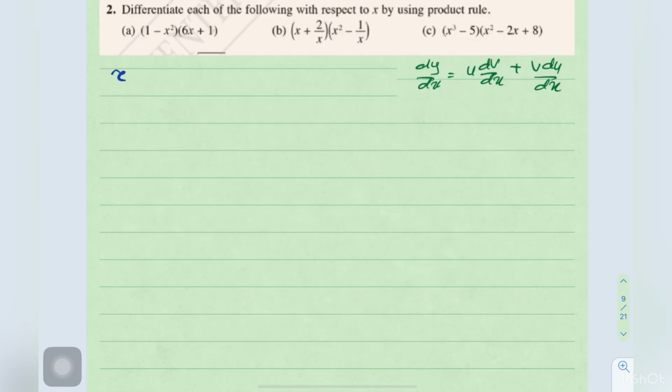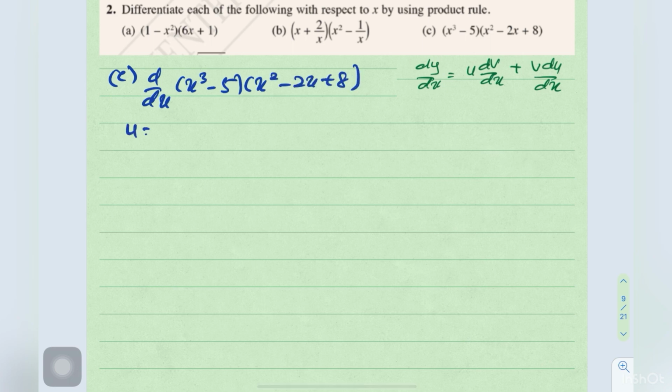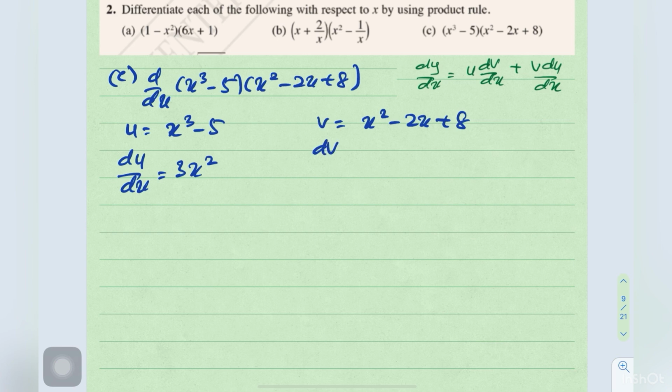Okay, part C, d/dx of (x cubed minus 5)(x squared minus 2x plus 8). So u is x cubed minus 5, du/dx is 3x squared. v is x squared minus 2x plus 8, so dv/dx is 2x minus 2.